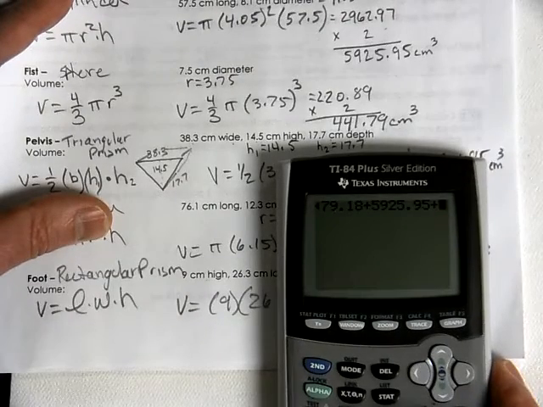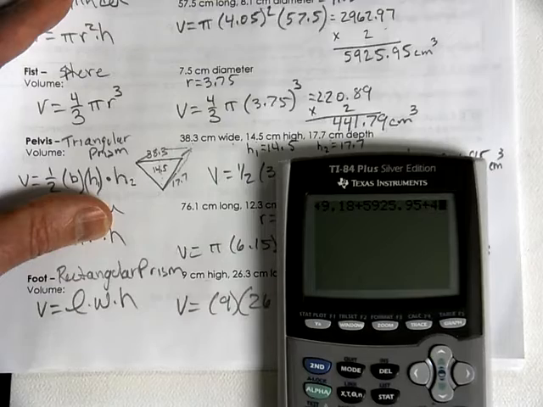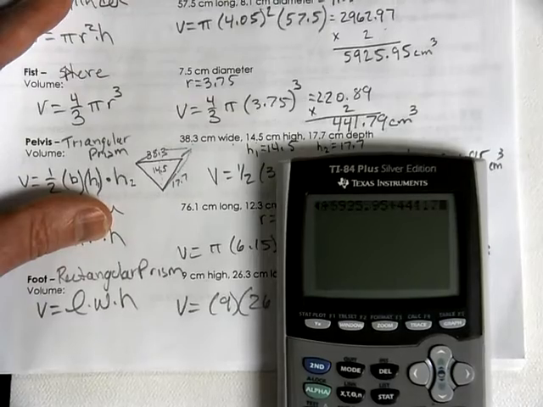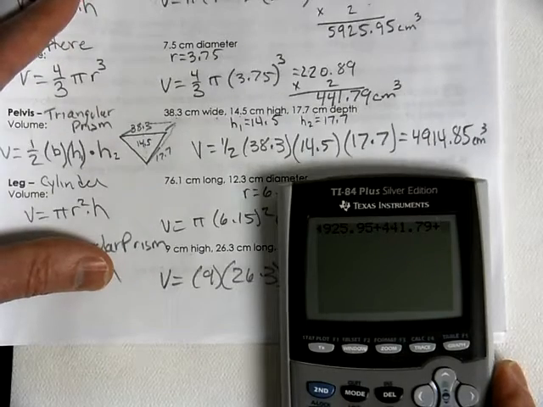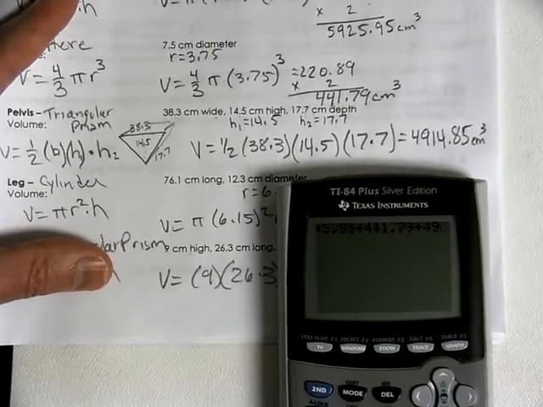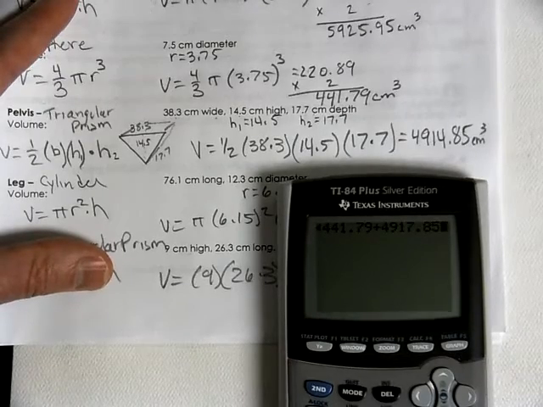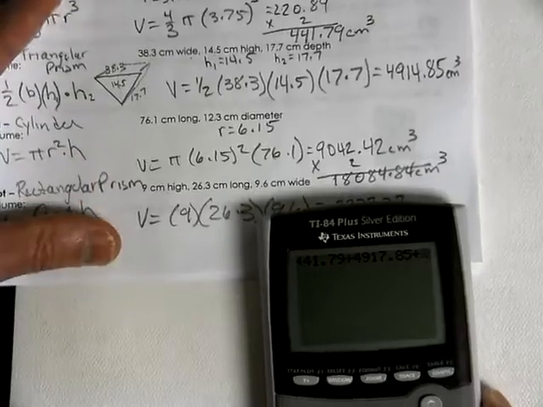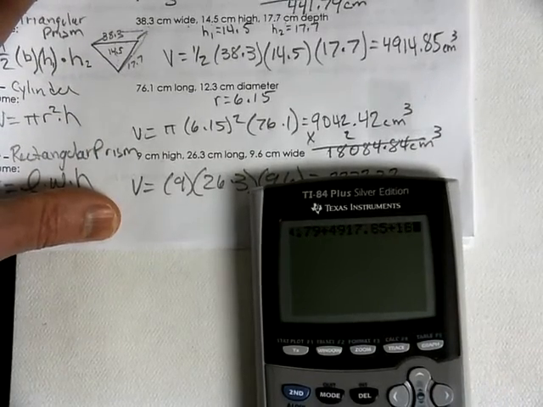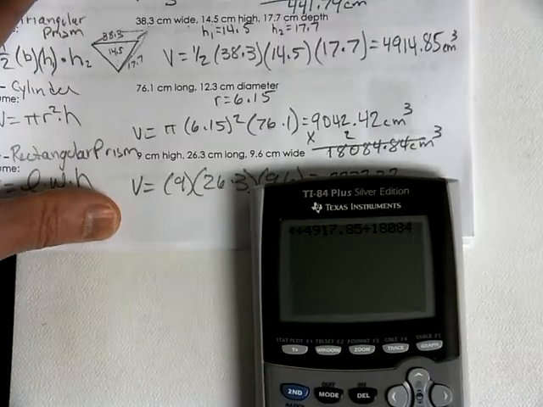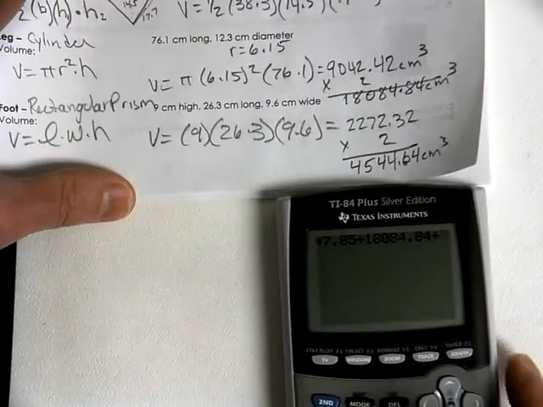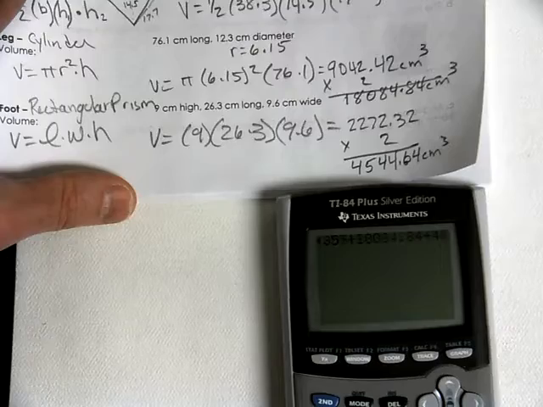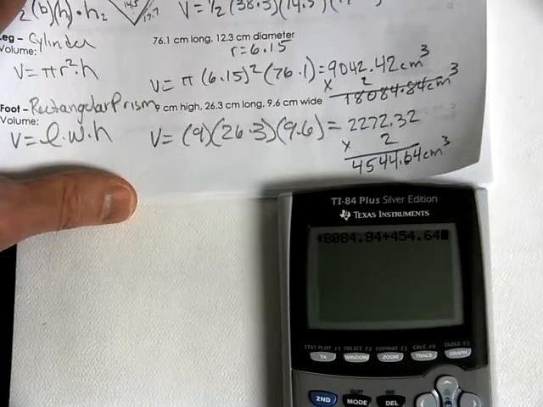The two fists, the one pelvis, the two legs, 18,084.84, and then the 2 feet, 4,544 and some change.